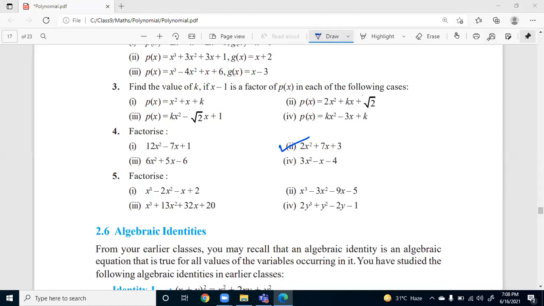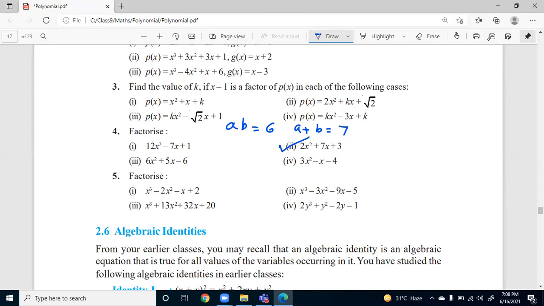So see, we are trying the second part, that is 2x square plus 7x plus 3. So, ma'am, if I do A into B, I should get 6 and A plus B should be 7. So, I get 6 into 1 and 6 plus 1. Very good, Leona.